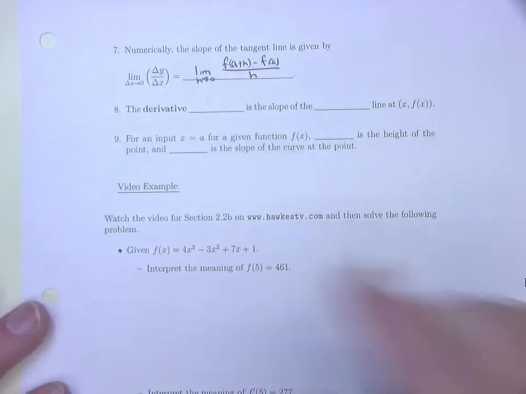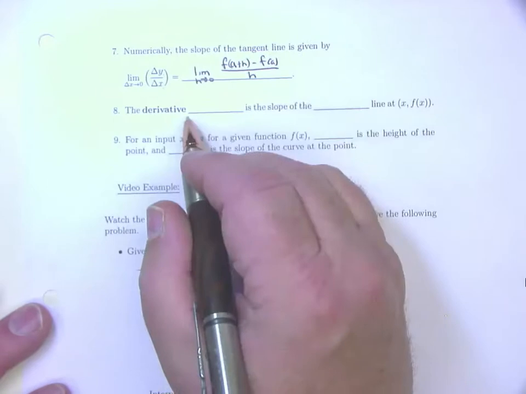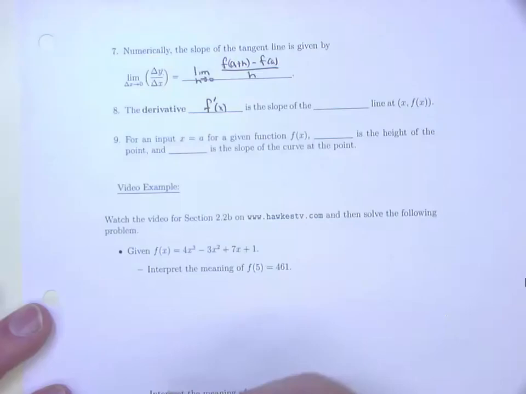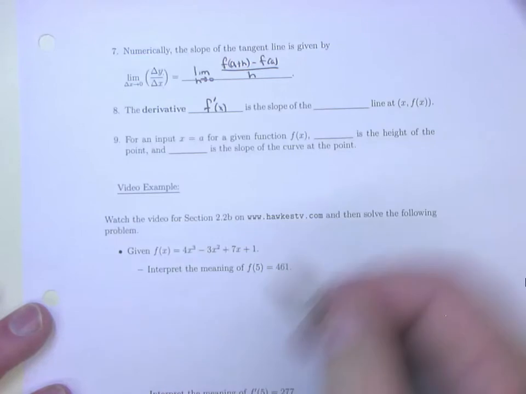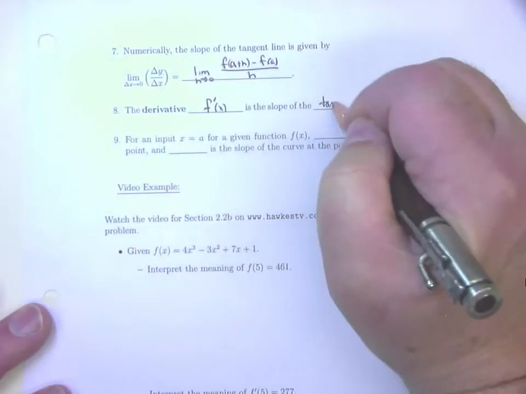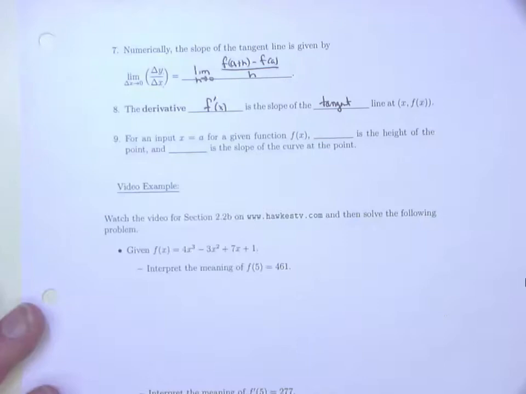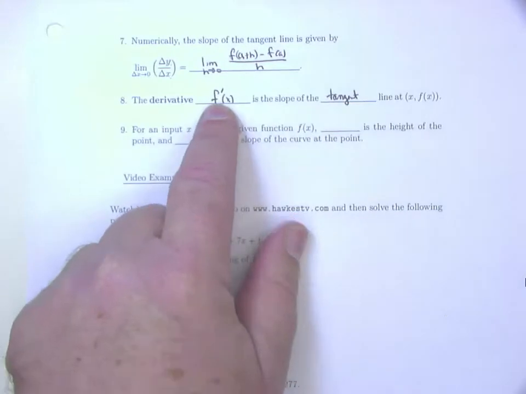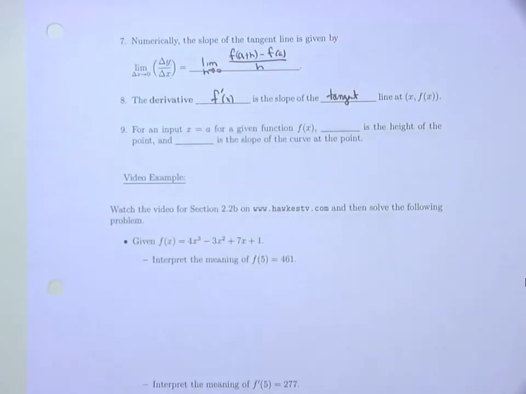And here it is, the derivative. What was that symbol for derivative? f prime of x is the slope of the tangent line at the point x, f of x. That's how we would call this, f prime of x, a little hash mark, prime. And that's the slope of the tangent line.